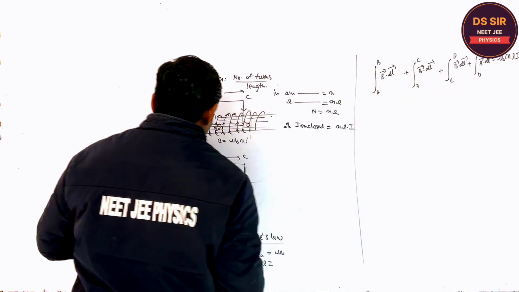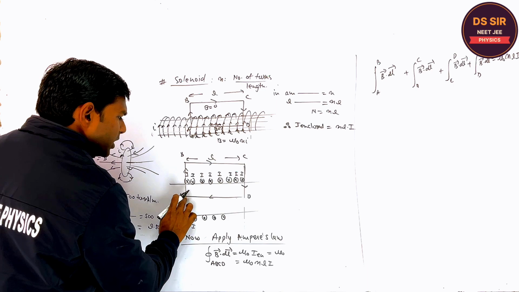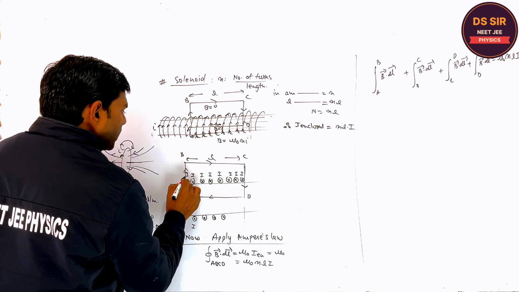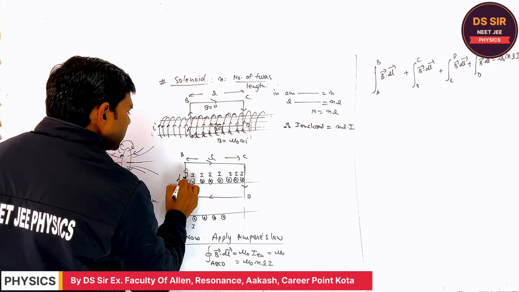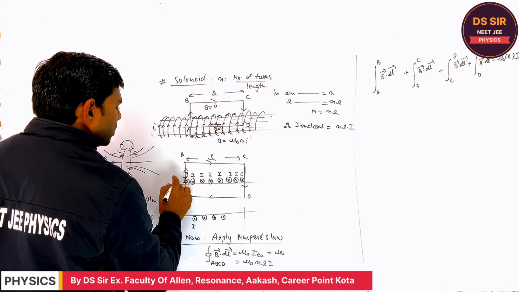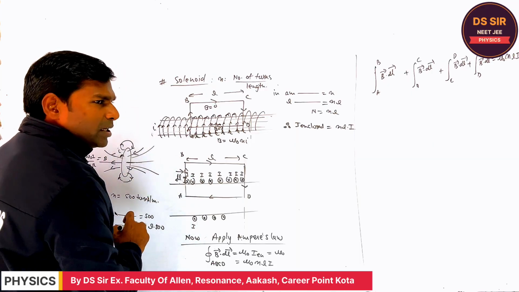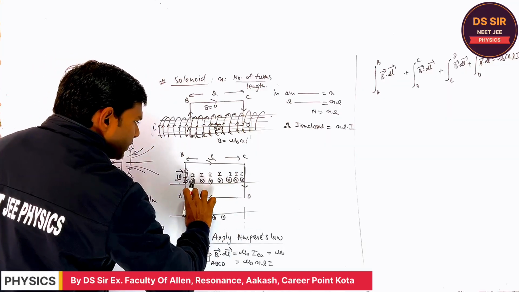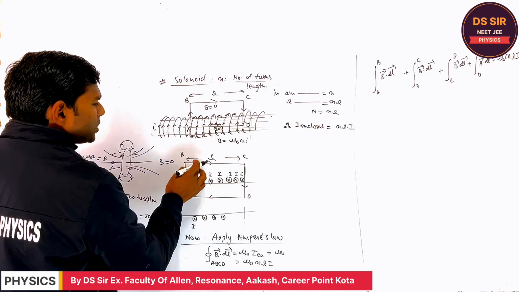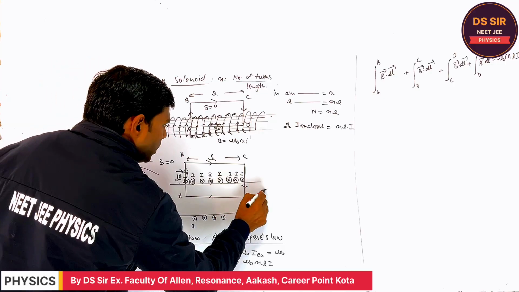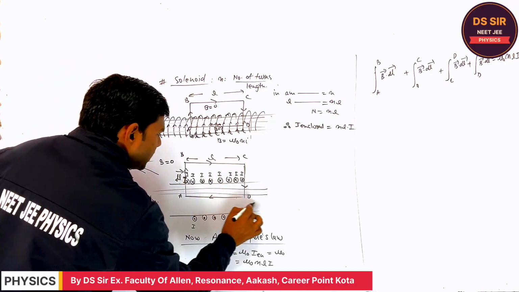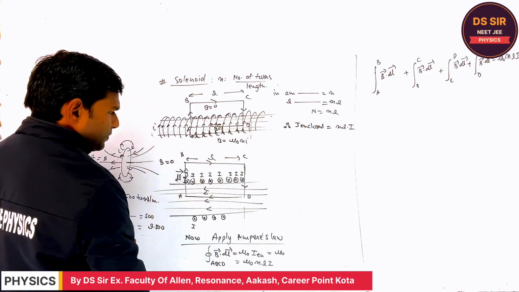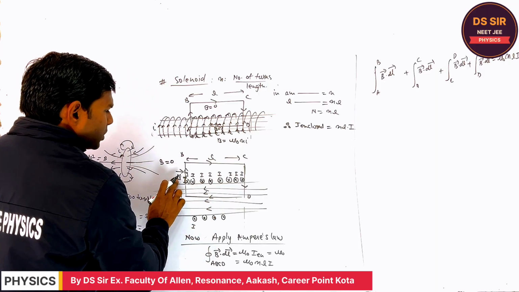Look, if you want to integrate B dot dl along the path AB, you will consider the small length dl. Inside, there is no magnetic field outside the solenoid. Only the magnetic field is present inside the solenoid. Outside it is 0.